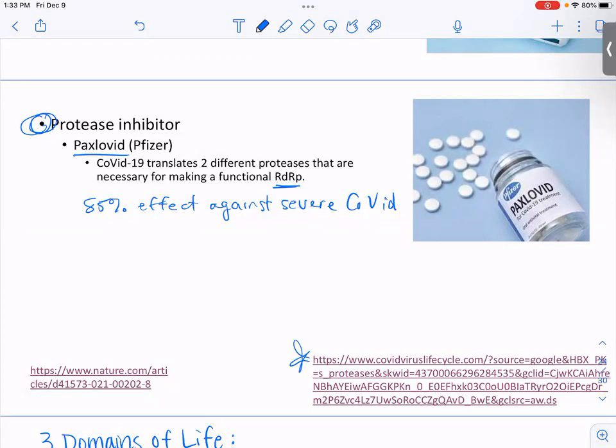Okay, any questions about COVID there? All right, so I wanted to fill up the rest of our time just reviewing a little bit. The three things that I thought we could best use our time on are reviewing metabolism, reviewing some genetics, and reviewing what the different microbes are.